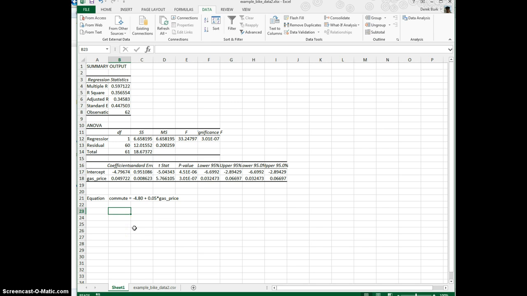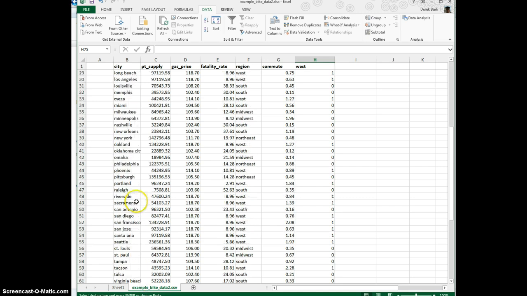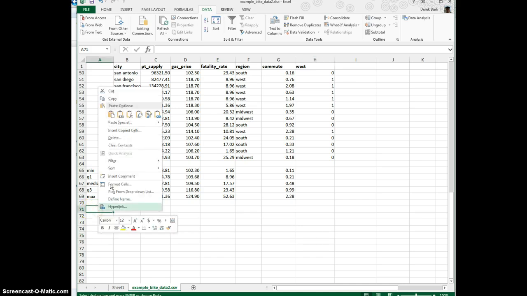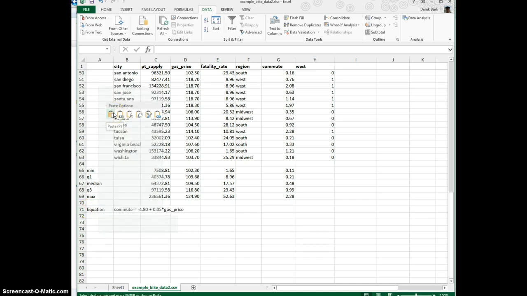And in part A, you had to report the equation, so you've already got it written down. So I wrote the equation here, and then I actually wrote it out. I'm just going to copy that, and I'm going to paste it near where I have my quartiles, my 5-number summaries, so that I can look at those at the same time.